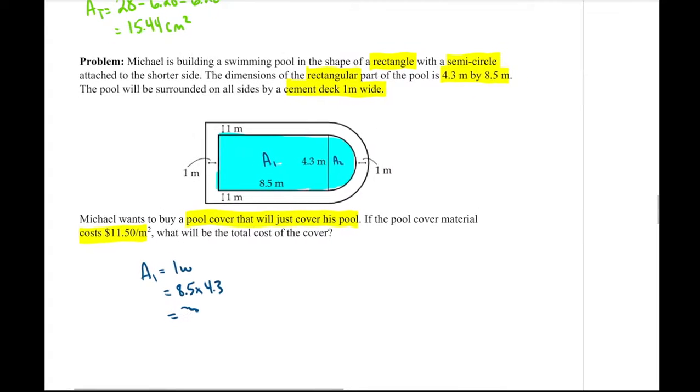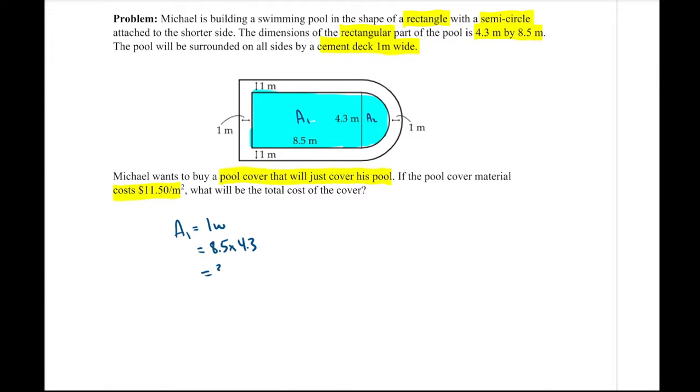And I get 36.55 meters squared. The area for my semicircle, again, is pi r squared. Pi is 3.14, but I'm just going to leave it as the symbol. My radius is equal to half my diameter, so 4.3 divided by 2 is 2.15.